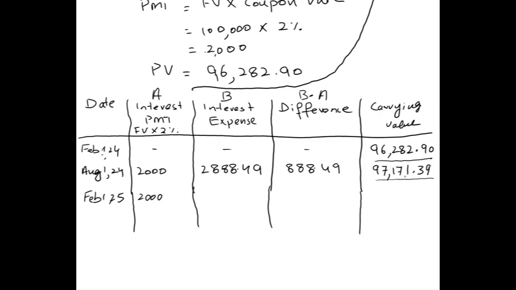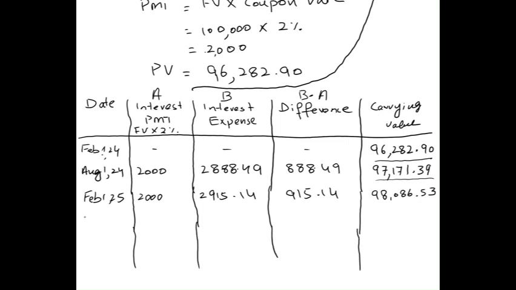So when you multiply this amount by 3%, we will get 2,915.14, and then the difference of B minus A will be 915.14, and then again this difference gets added to this carrying value, and this comes out to be 98,086.53.